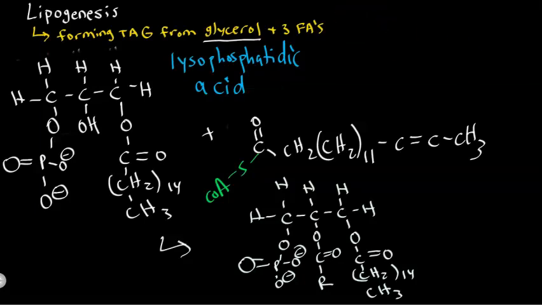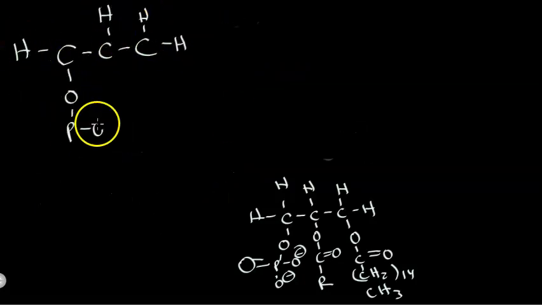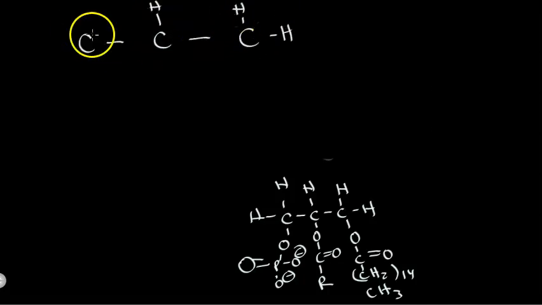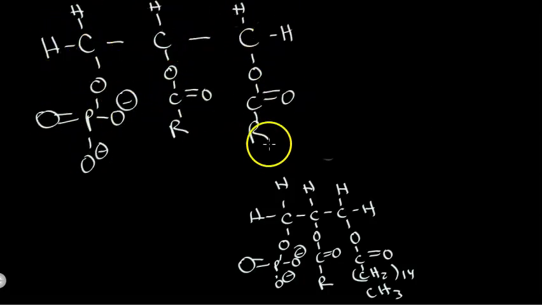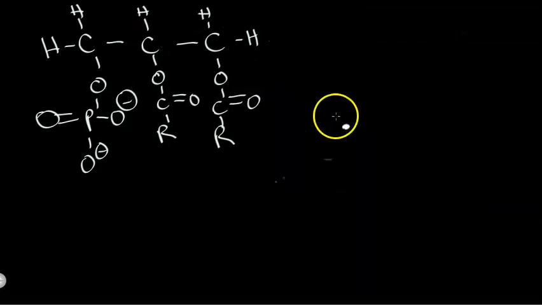And now let's keep this molecule. Let's erase everything else. So now that we have attached that second fatty acid to the glycerol 3-phosphate, remember that second fatty acid is unsaturated. And the molecule that we form now is called phosphatidic acid.